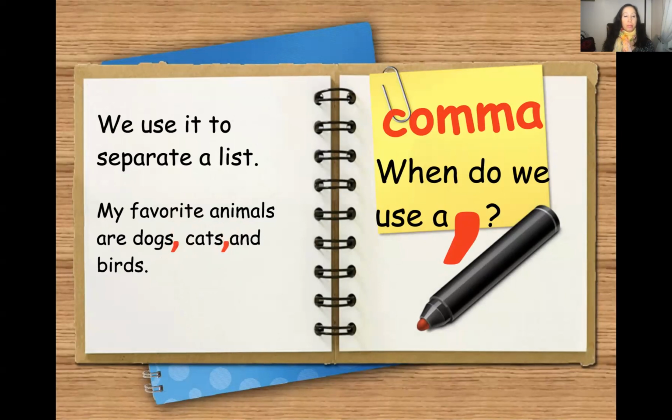Now, we can put commas between dogs and cats, as well as cats and birds. But for the one between cats and birds, you do not have to put a comma because the word and is separating the list. So it's up to you.